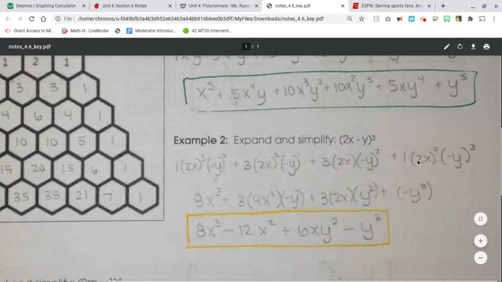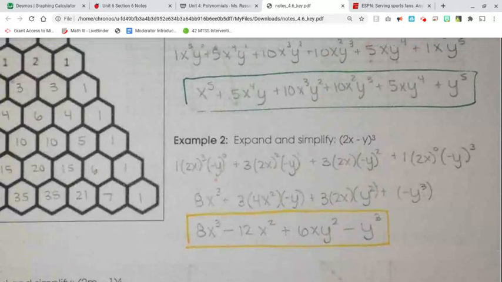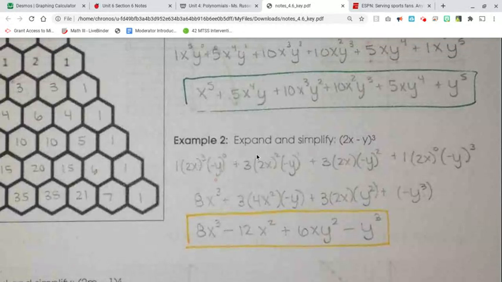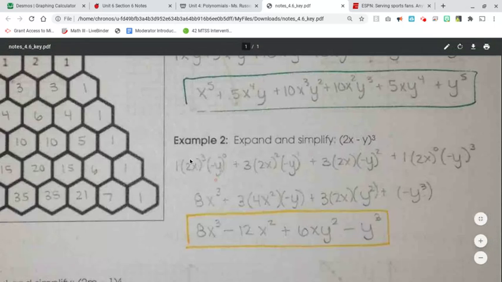Then we're going to use the 1, 2x to the 0, negative y to the 3rd. Remember, those numbers come from the Pascal's triangle, and you work your way down. So x starts with the 3rd power, then goes 2nd, 1st, 0, and y starts 0, 1, 2, 3.